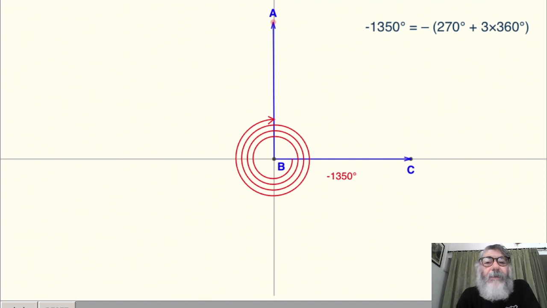We told you when we come across negative values which are odd multiples of pi by 2, we first of all remove the negative sign. If I remove the minus sign, I get 1350 divided by 90, and how much will I get? 15 nines are 135.